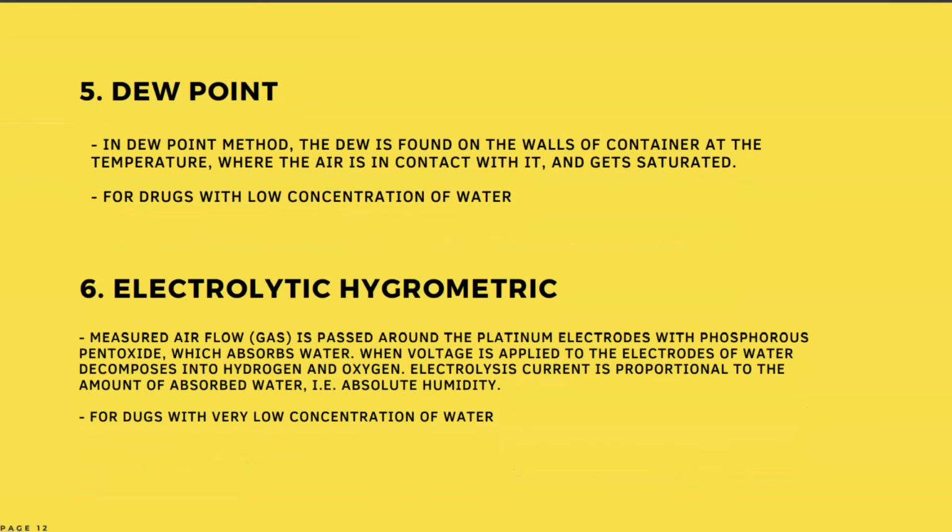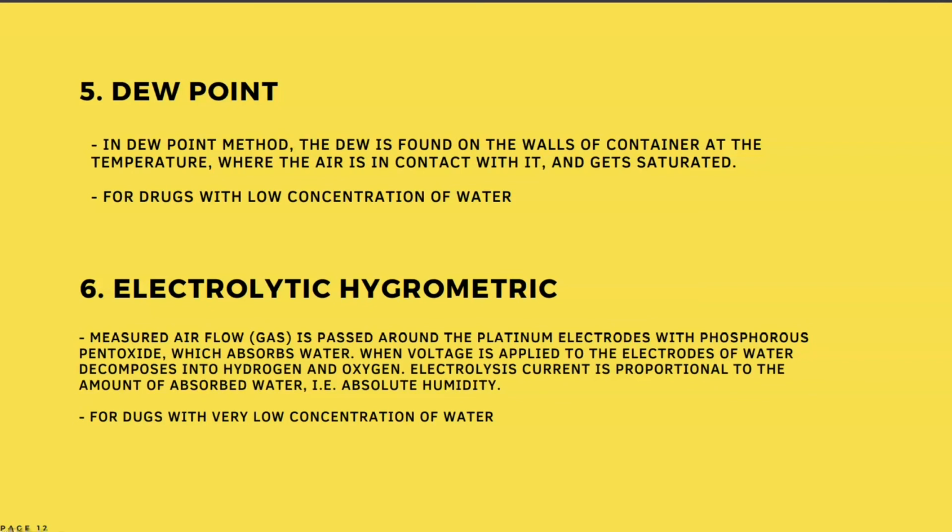Fifth, dew point. In the dew point method, the dew is found on the walls of the container at a temperature where the air in contact with it gets saturated. For drugs with low concentration of water. Sixth, electrolytic hygrometric.